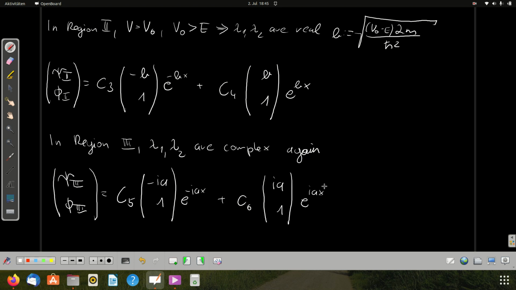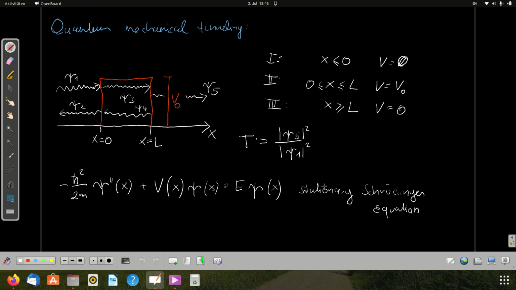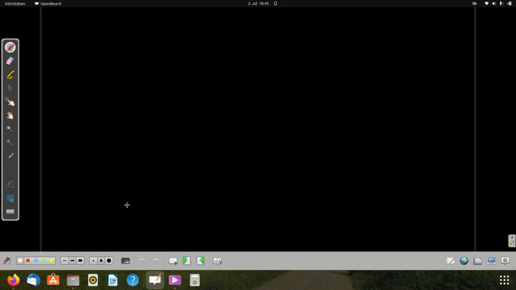So now before we proceed, let's ask for the physical meaning of these terms here. We said initially we were interested in the problem that some particle wave hits a potential barrier, and the particle wave comes from the left side. And the question is, can we now identify some expressions here as left-going and right-going waves? And the answer is yes.